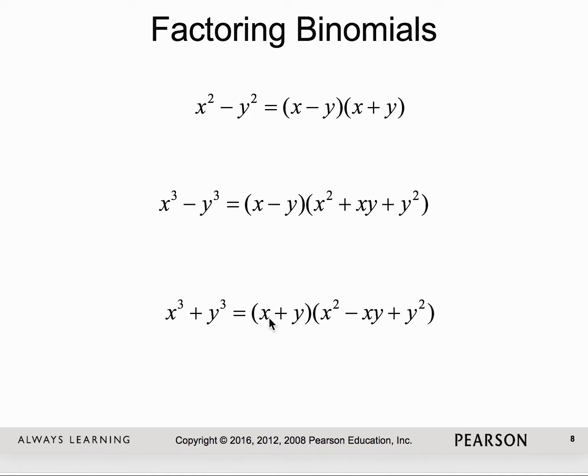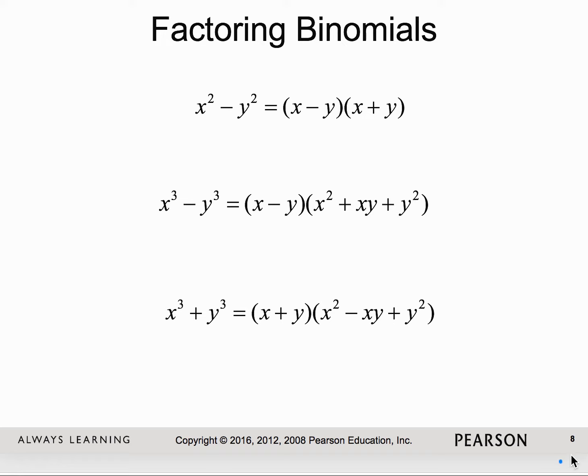Same thing down here. Square that, multiply them together, square that. And then I figure out my signs by the word SOAP, S-O-A-P. Same, opposite, always positive.